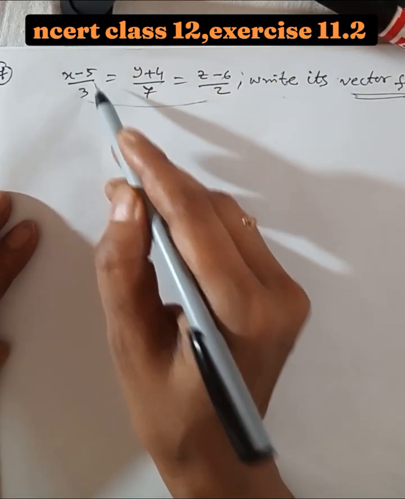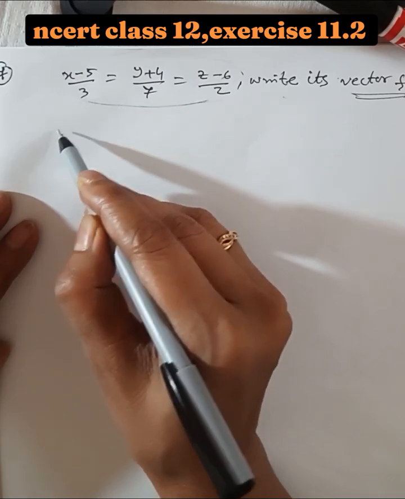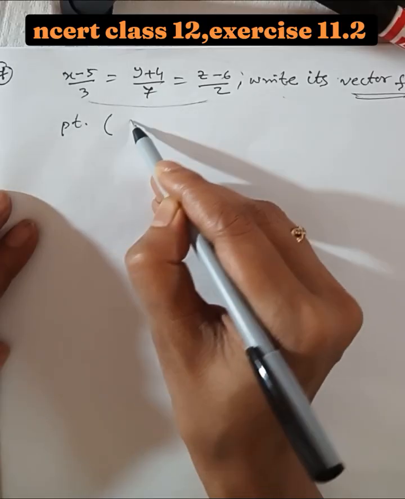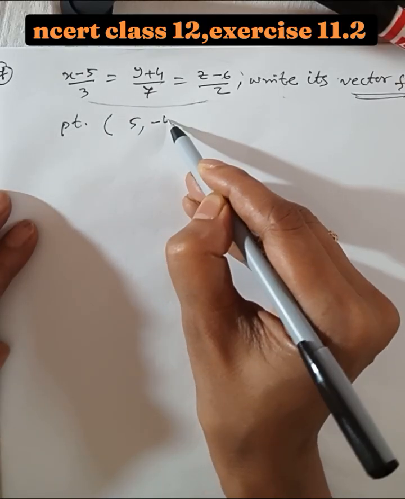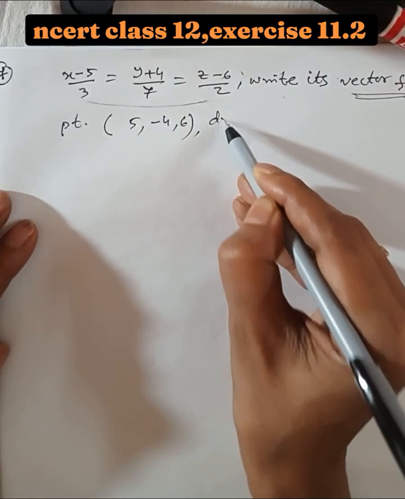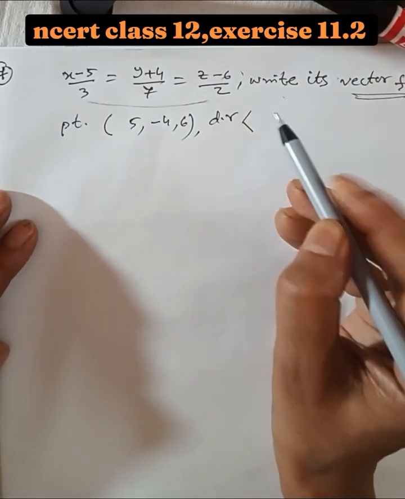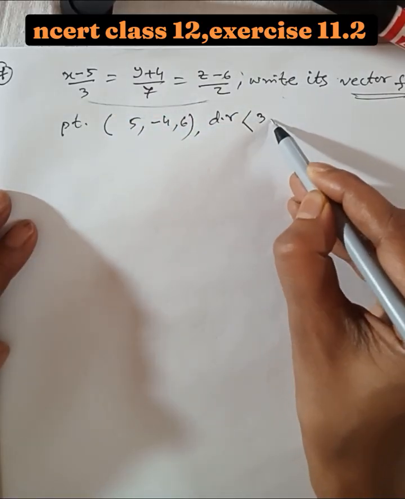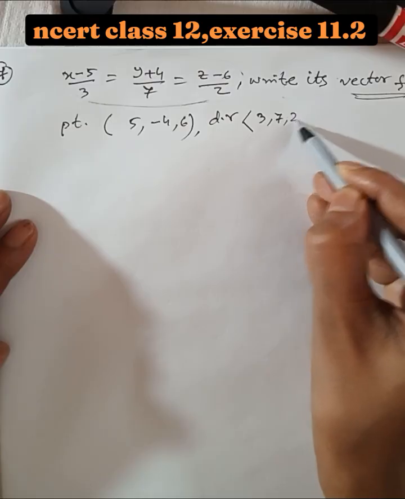Here the line passes through point (5, minus 4, 6) and the direction ratio of the given line is 3, 7, 2.